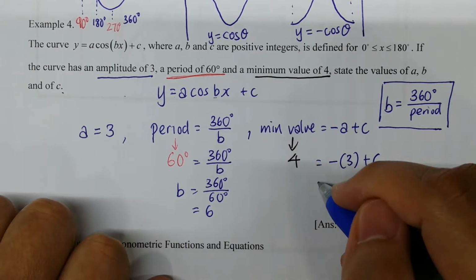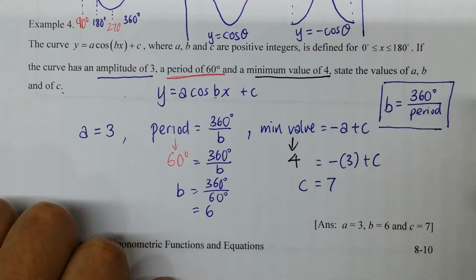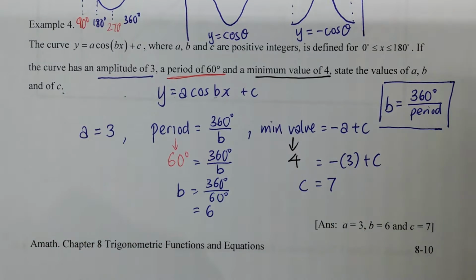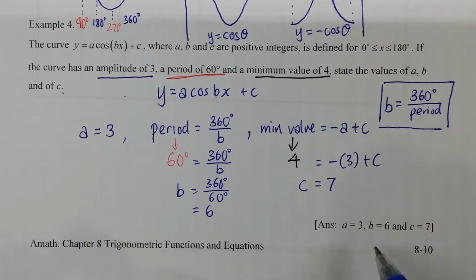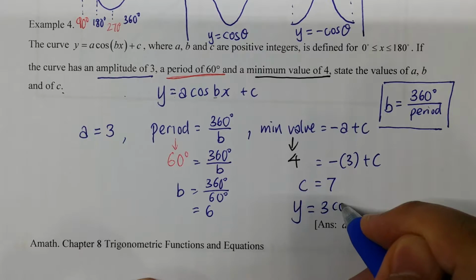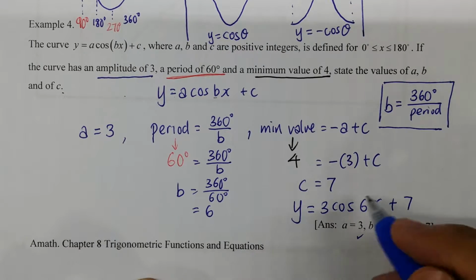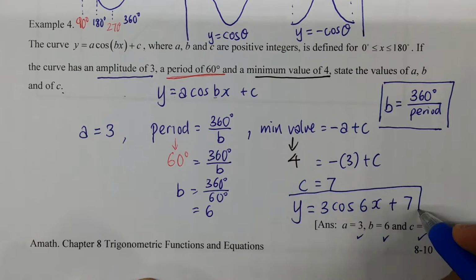Minus 3, I bring over: 4 plus 3. C equals 7. Ta-da! I got all the answers correct. A, b, c. So y equals 3 cosine 6x plus 7. They didn't request you to do this, but I just write it down.